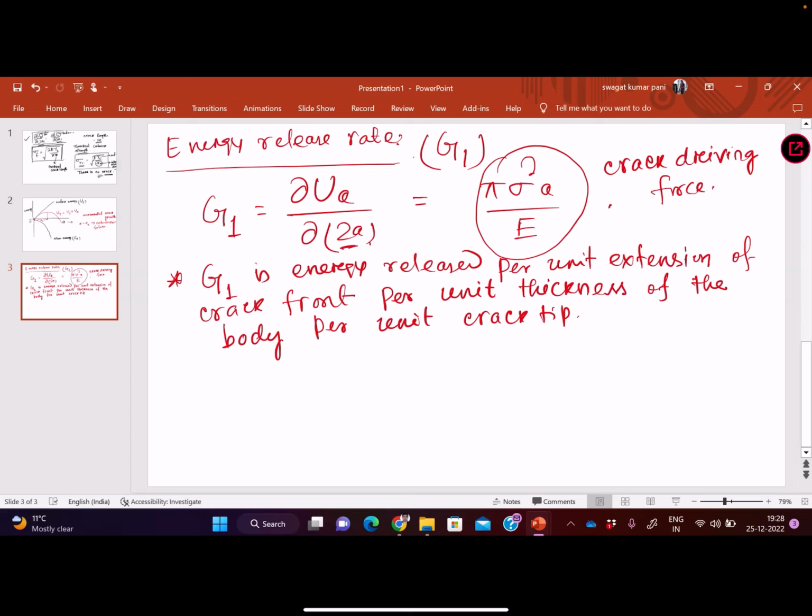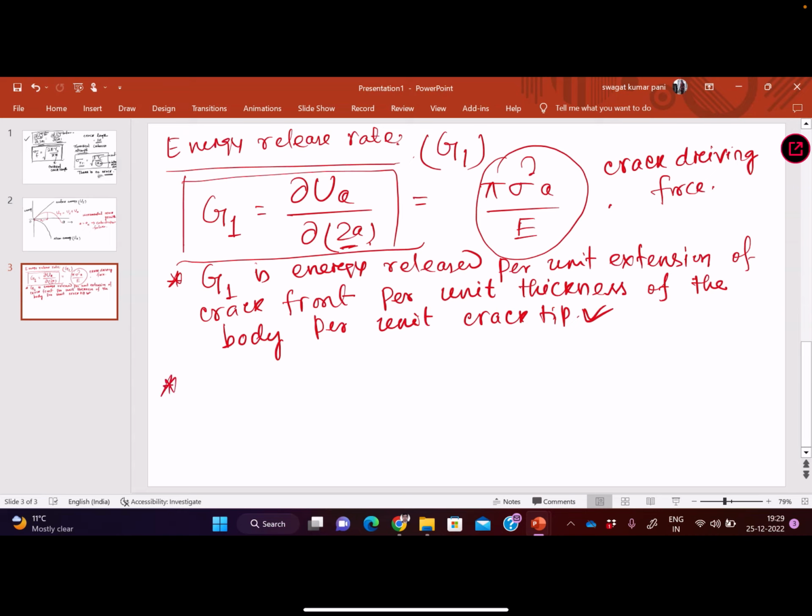That's why this 2 comes here. The energy release per unit extension of the crack front, per unit thickness of the material of the body, per unit crack tip. And this is the relation.